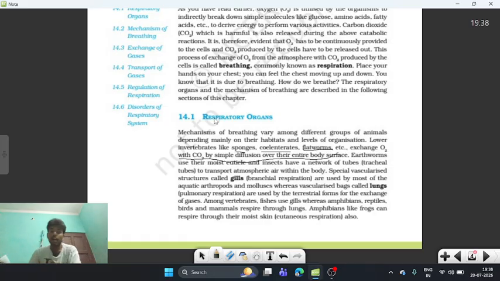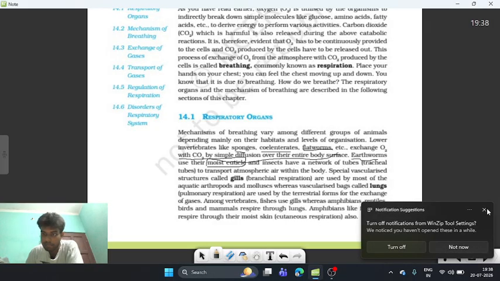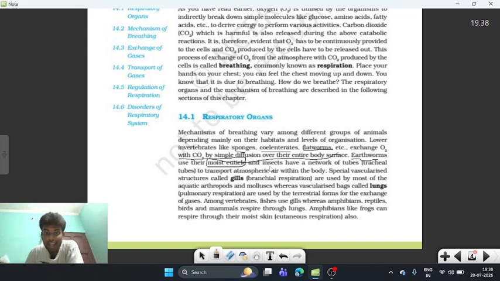Earthworms, the type of worms, actually use their moist cuticle. This is their organ. And insects have a network of tubes called tracheal tubes. You have to learn this.